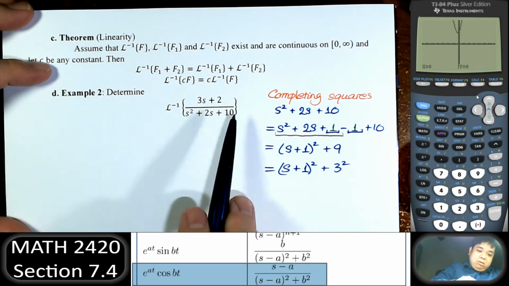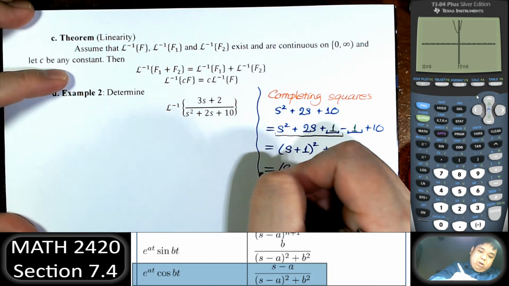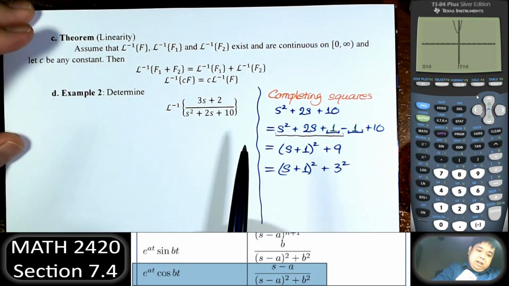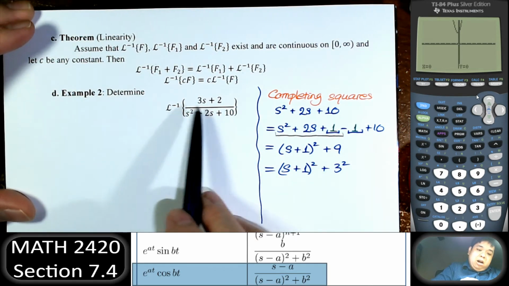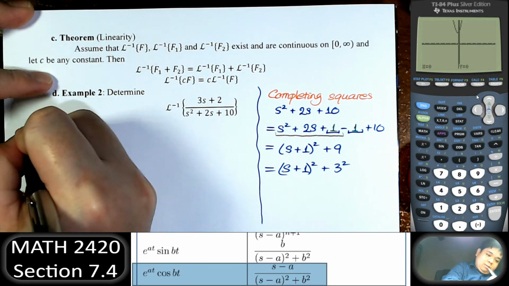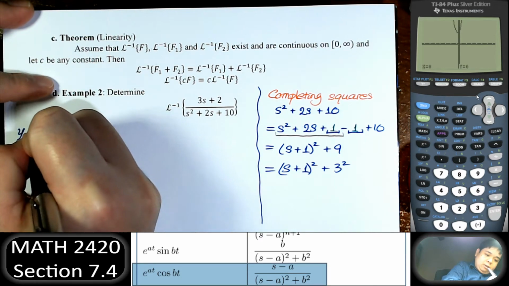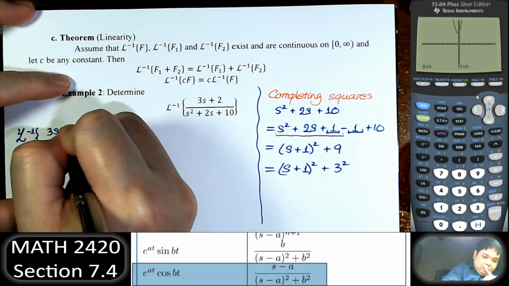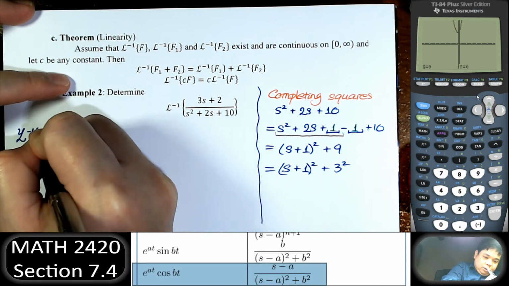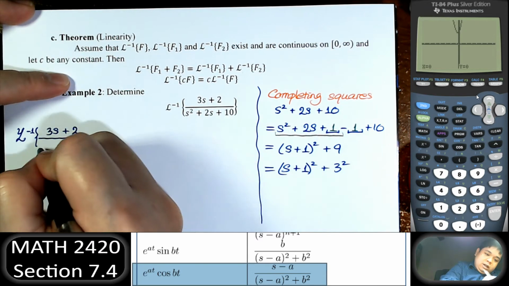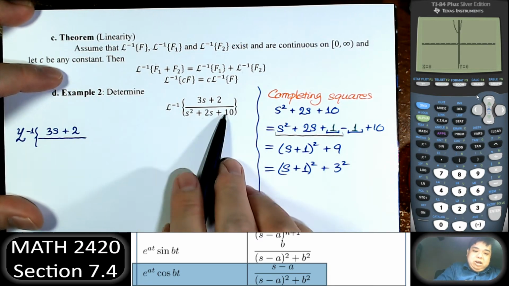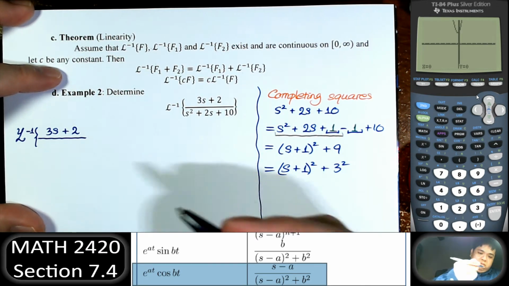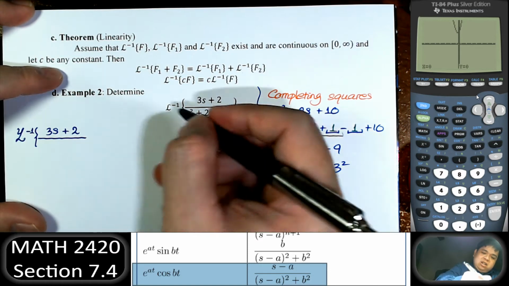Right, now go back to our problem, the inverse Laplace transform of this. So we have 3s plus 2. The bottom will be this one, which is the same thing as, let's just copy the problem.